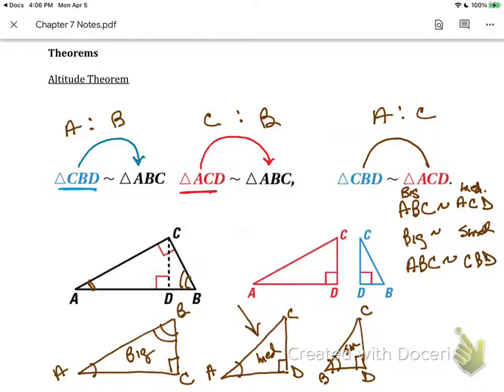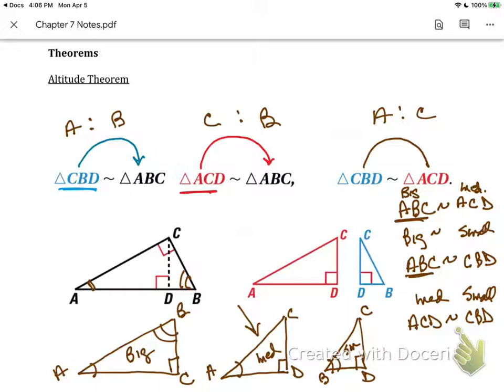How about doing medium to small? Since the bigs had the same order of letters, we can then use the same order we have there. ACD is going to be similar to CBD. Okay, and so what I know is that A is going to be the same as C in the other triangle.